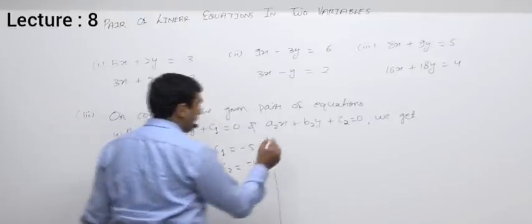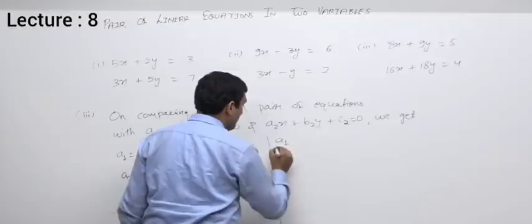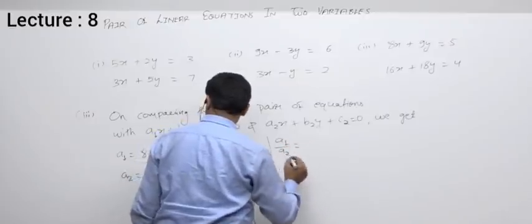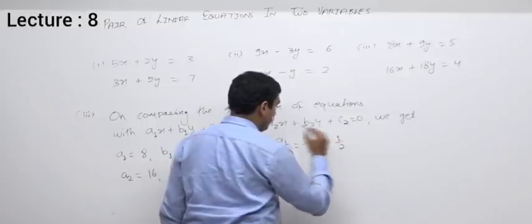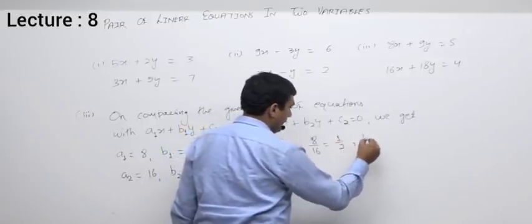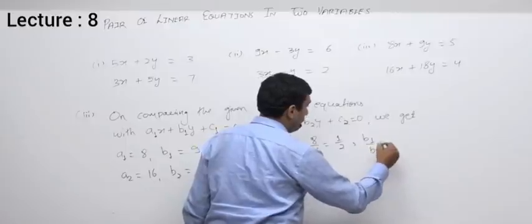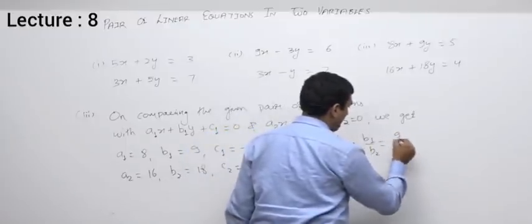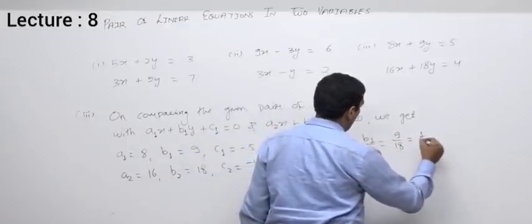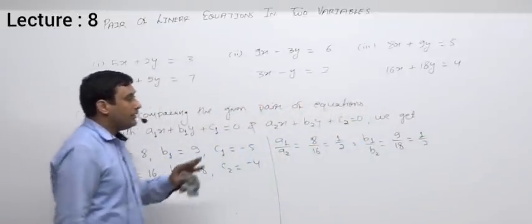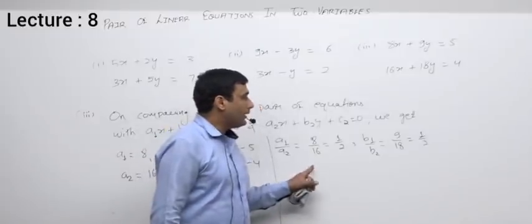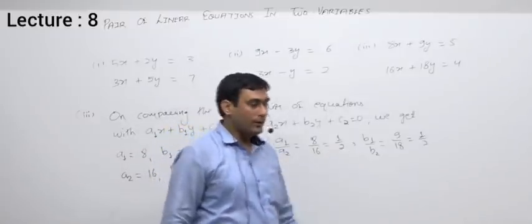Now I will find the ratios. a1 upon a2 is 8 upon 16, that is 1 by 2. Then b1 upon b2 is 9 by 18, that is again 1 by 2. So again it is clear that this pair of linear equations does not have a unique solution, because a1 upon a2 and b1 upon b2 are equal.